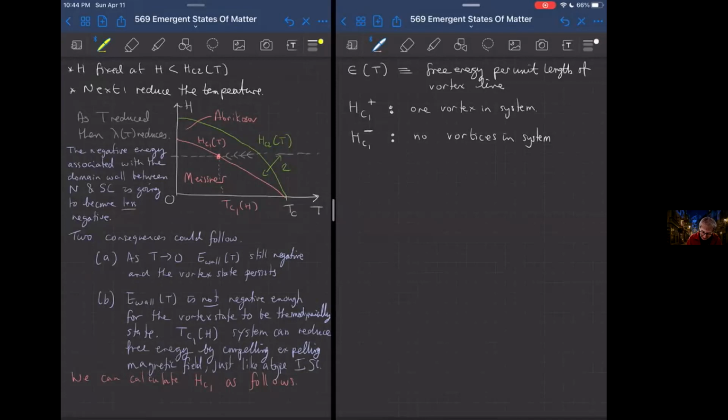So what that means then is that at H equals HC1, at that temperature T, the Gibbs free energy with no vortices and one vortex are the same.